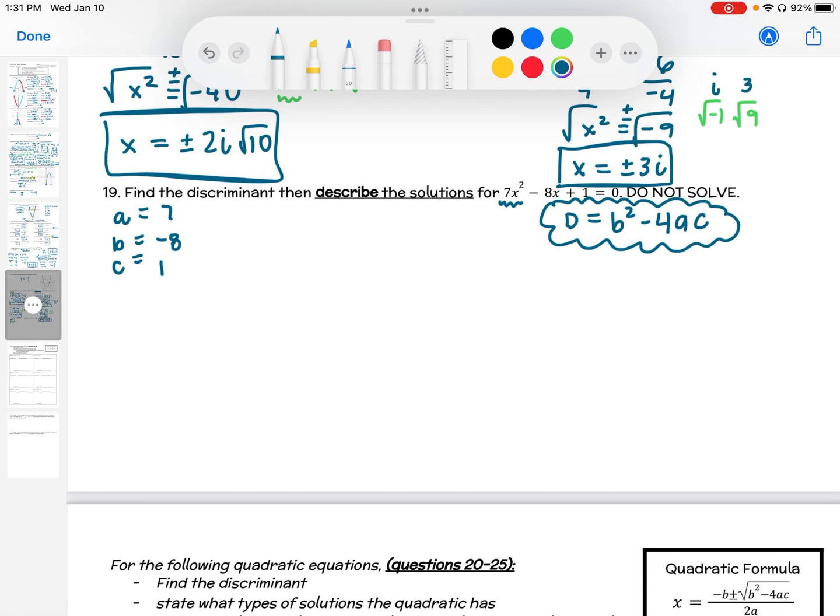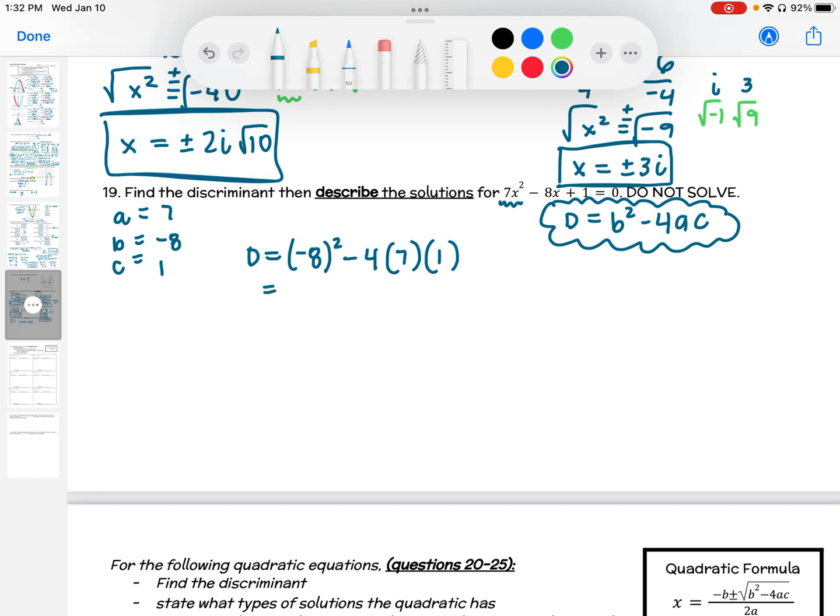So let's plug it into the discriminant. So our discriminant equals b squared, so negative 8 squared. Be very careful about this. The b is negative, but when you square it, it will be positive. So make sure you put parentheses around the negative 8. Minus 4 times a, which is 7, times c, which is 1.